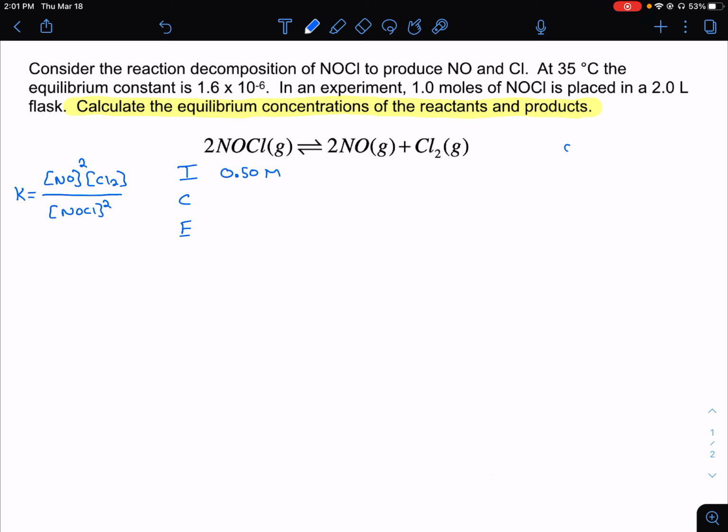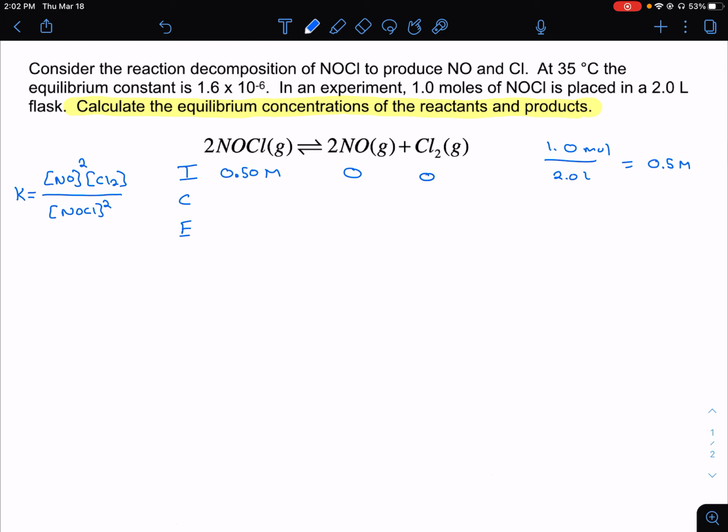And I got that by doing 1.0 mole divided by our volume of 2 liters to get 0.5 molar. At the start of our reaction, we have no NO and no Cl2. All we have is reactants.